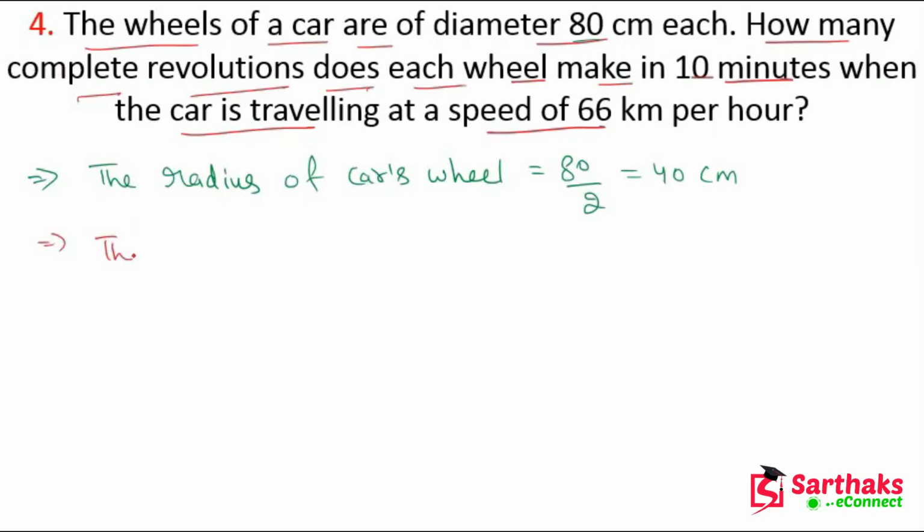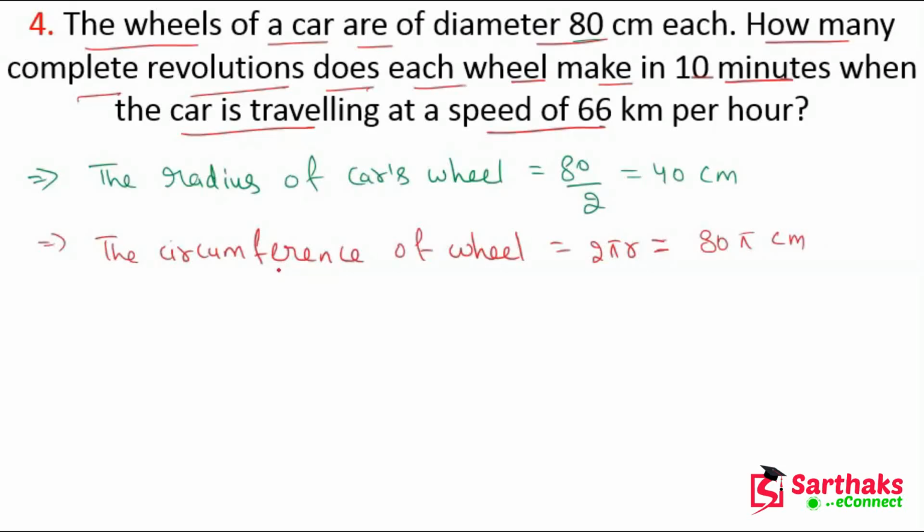The circumference of the wheel is equal to 2 pi r. So if you solve it, we get 80 pi, because we have r is 40, and 40 into 2 is 80, and pi as it is. So this is in centimeter.